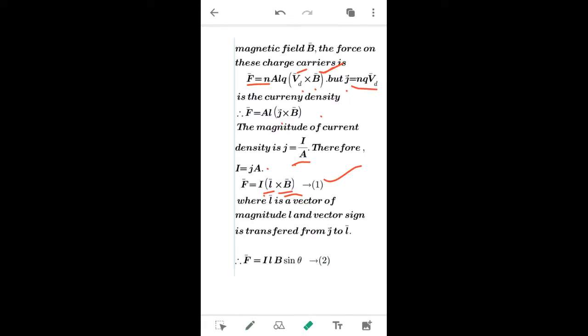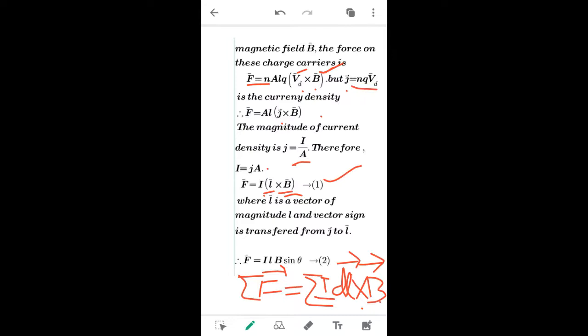Therefore the equation becomes: the summation of force F vector is equal to the summation of I dl B sin theta, that is, the summation of I dl cross B vector. This is the equation for the irregular conductor.